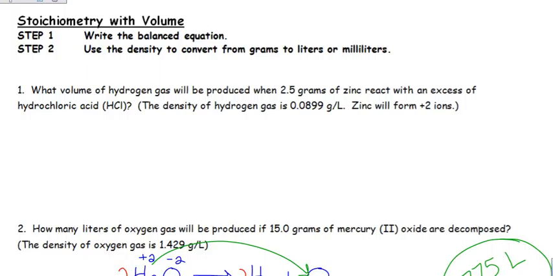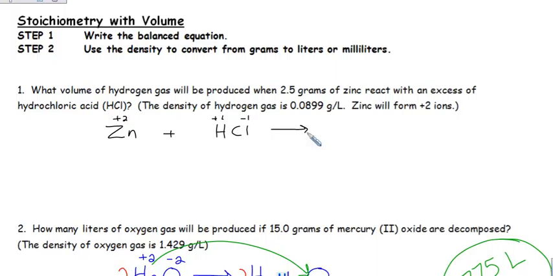What volume of hydrogen gas will be produced when 2.5 grams of zinc react with an excess of hydrochloric acid? We did this. We took solid zinc, put it in a solution of HCl, hydrochloric acid. The zinc is +2, hydrogen +1, chlorine -1.